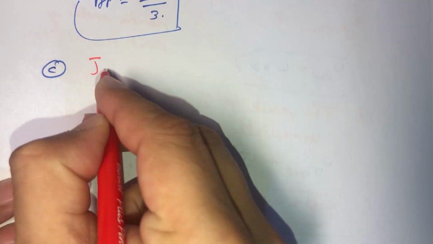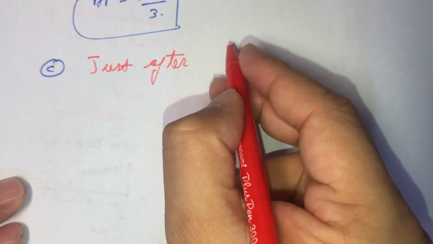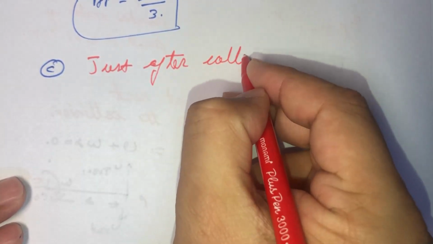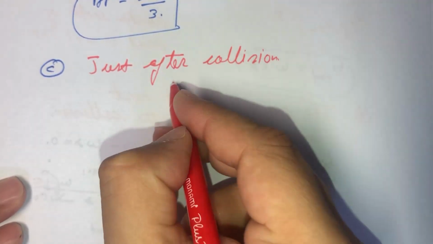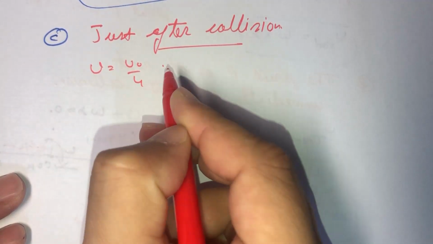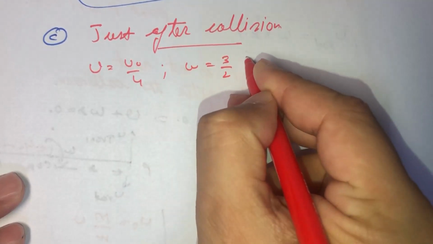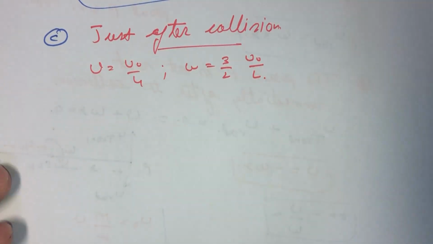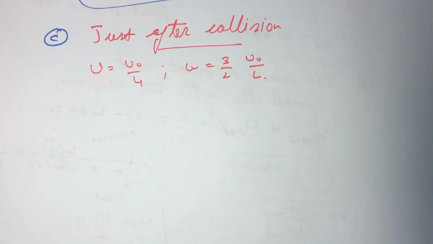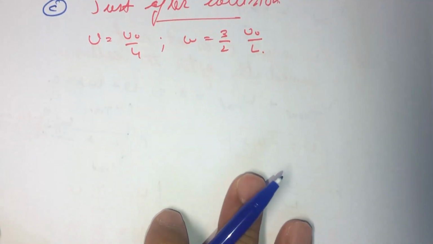So we can see just after collision, we know that V is equal to V0 upon 4 and omega is equal to 3 by 2 V0 upon L. We are going to find out that at time t is equal to pi L by 3 V0, what will be the rotation in the rod.